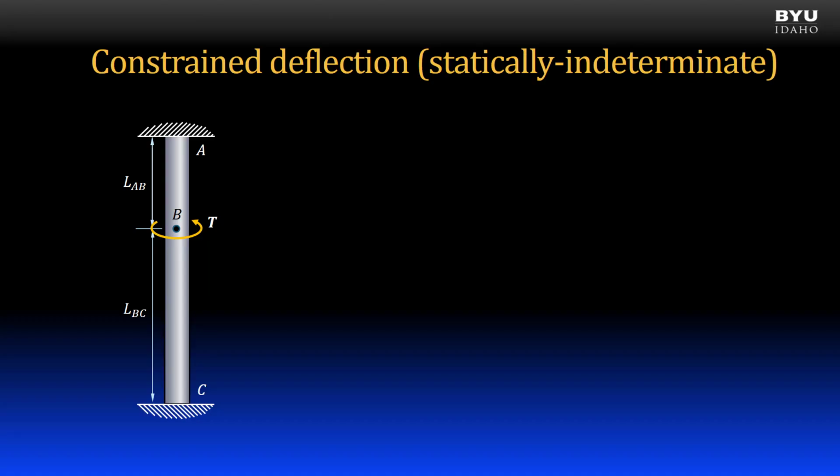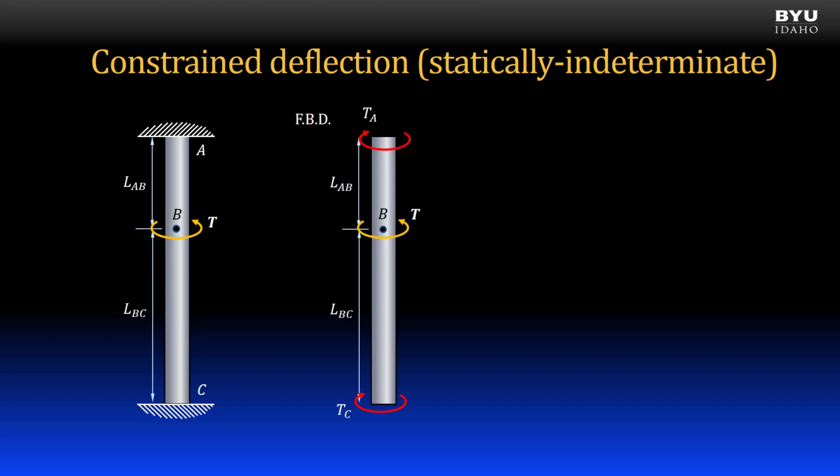The next topic is constrained deflection of a torsionally loaded member. These types of members are also referred to as statically indeterminate members. An example is shown. The shaft has fixed supports at both ends. A free body diagram of the shaft looks like this.